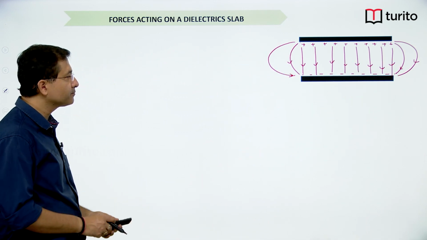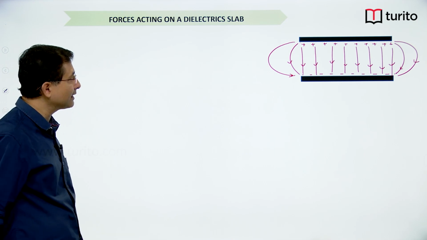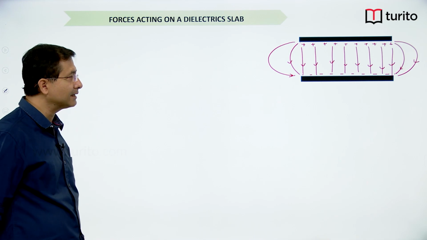So, because of fringe effect, lines will bend at the edges, or bending of lines at edges is called fringe effect, okay. Now, what this has to do with the force on the dielectric slab I am placing inside.